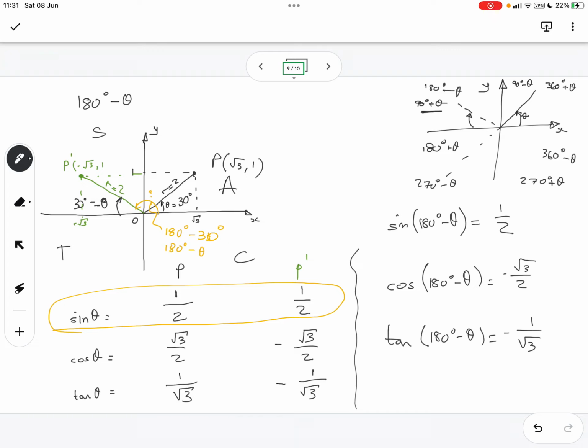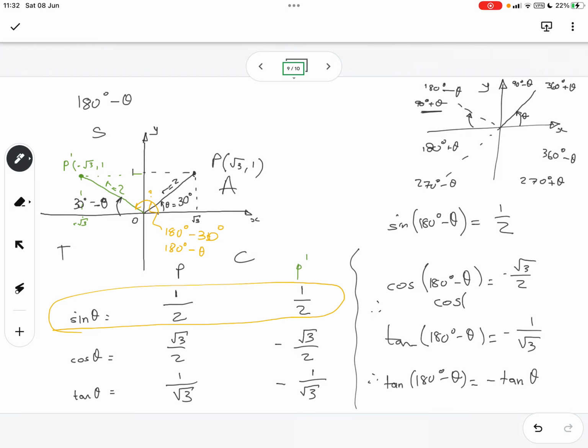And the tan of 180 degrees minus theta is going to be negative 1 over square root 3. Then what this means is, if this is the case, then tan of 180 degrees minus theta must equal negative tan theta.